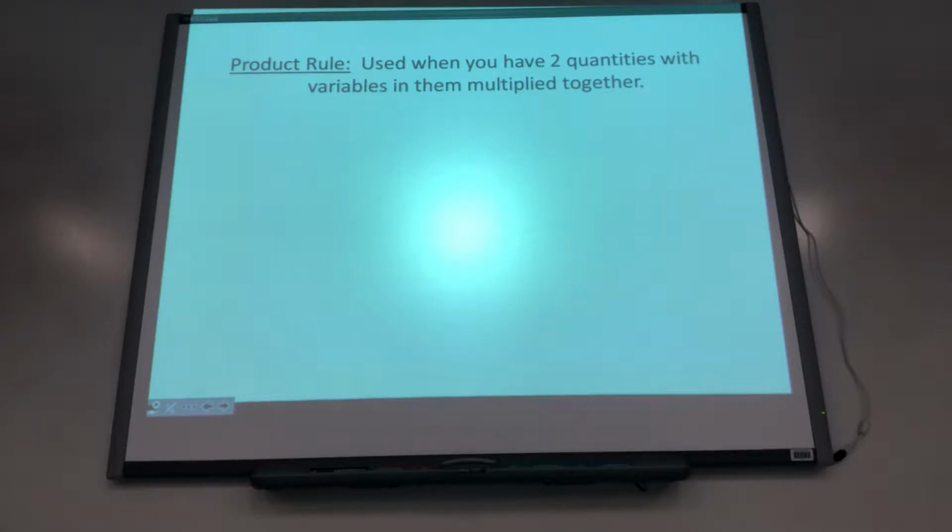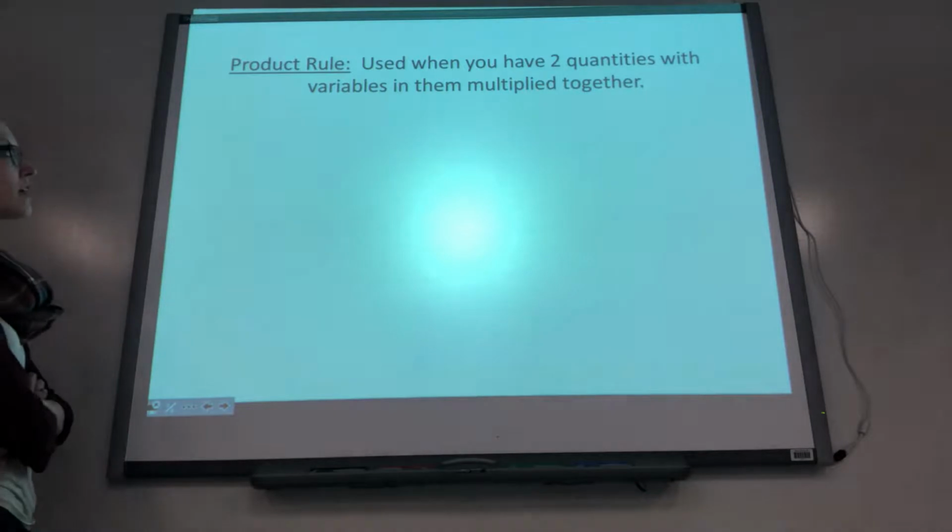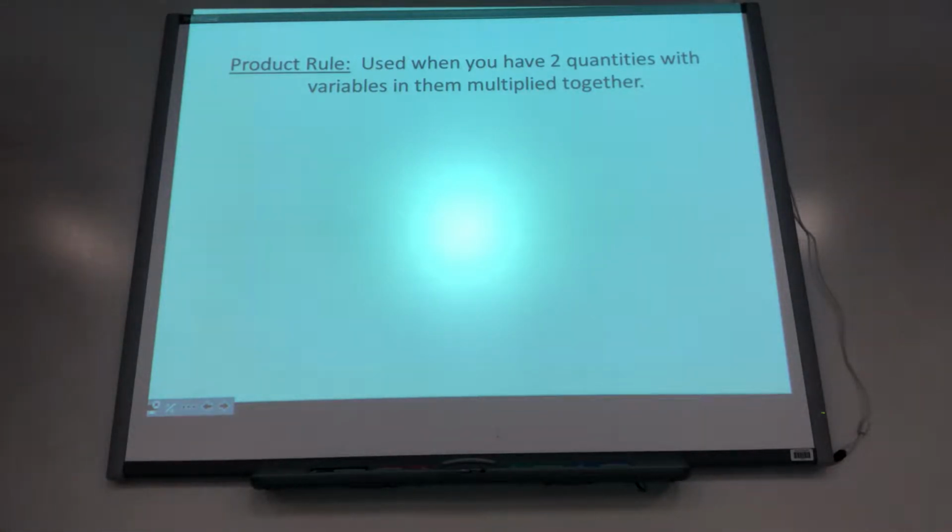It is used when you have two quantities with variables in them multiplied together. It's the product rule. So two quantities with variables multiplied together.